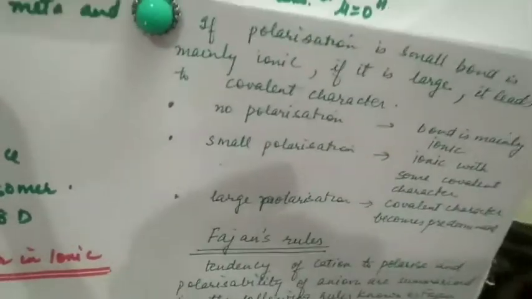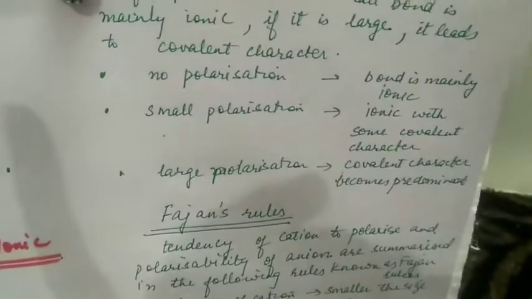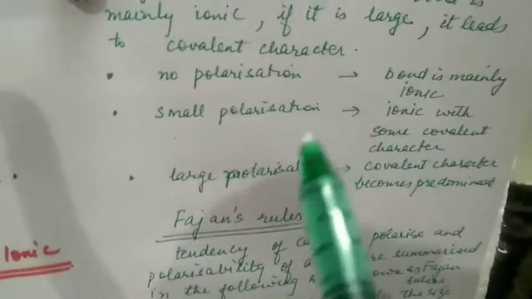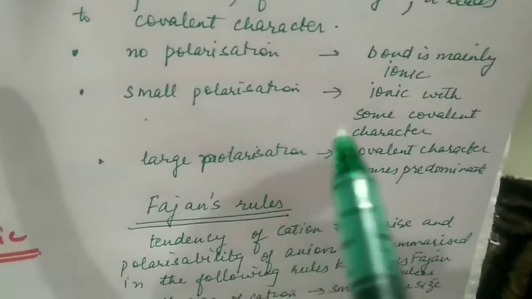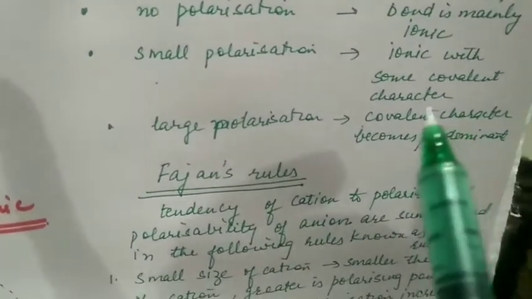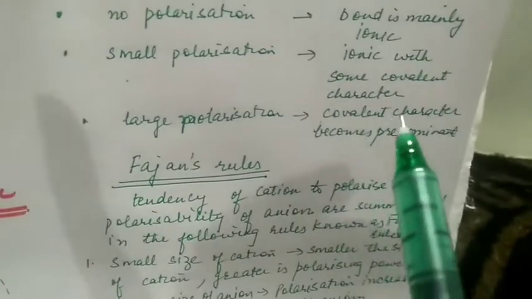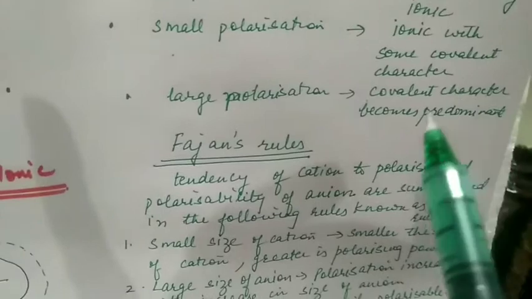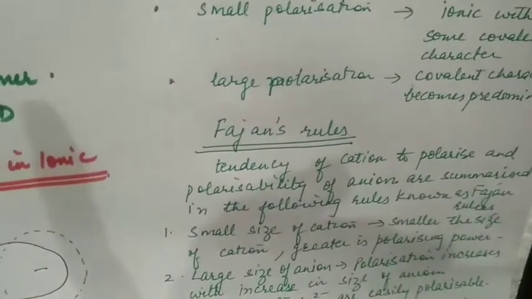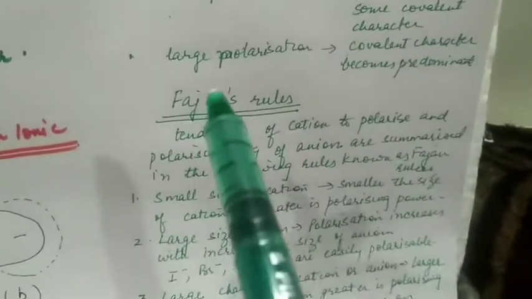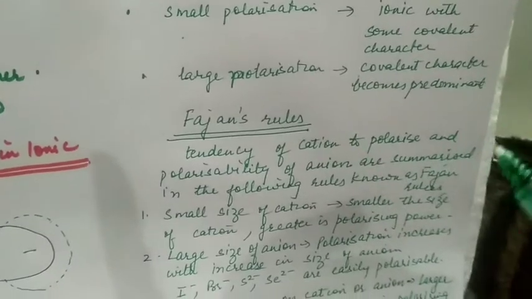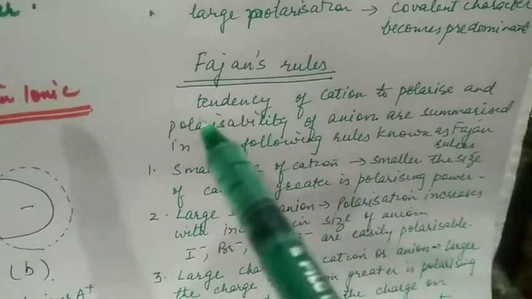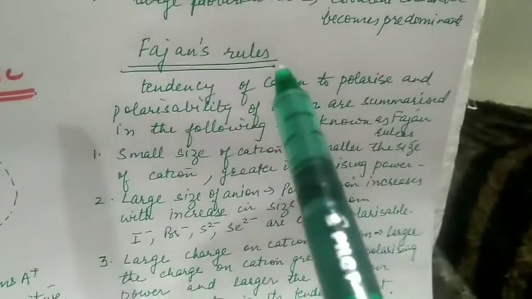When there is no polarization, the bond is mainly ionic. If there is small polarization, the bond is ionic but with some covalent character. If there is large polarization, that means the covalent character has become predominant. The rules which decide how much polarization will be there are collectively called Fajan's rule.